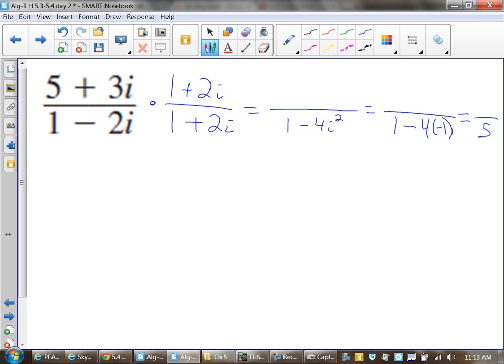Now, in the numerator, all I have to do is FOIL out, combine like terms. So when I FOIL out, I get 5 plus 10i plus 3i plus 6i squared. I'm going to bring that down here so I have a bit more space.